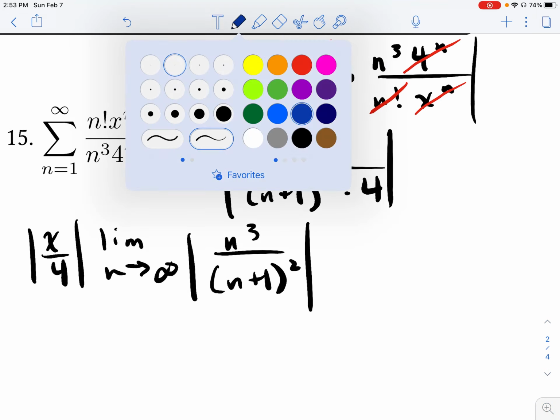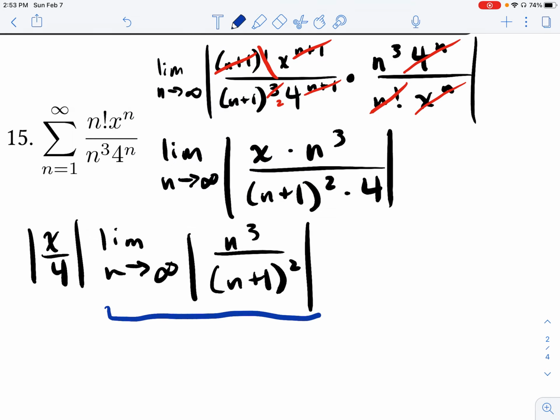We've got a bit of an issue here. What is the limit of this? Well, I see that the degree of the numerator is greater than the degree of the denominator. So as n approaches infinity, this is also going to be infinity. No matter how we slice it, that's going to be infinity. Therefore, this series diverges.